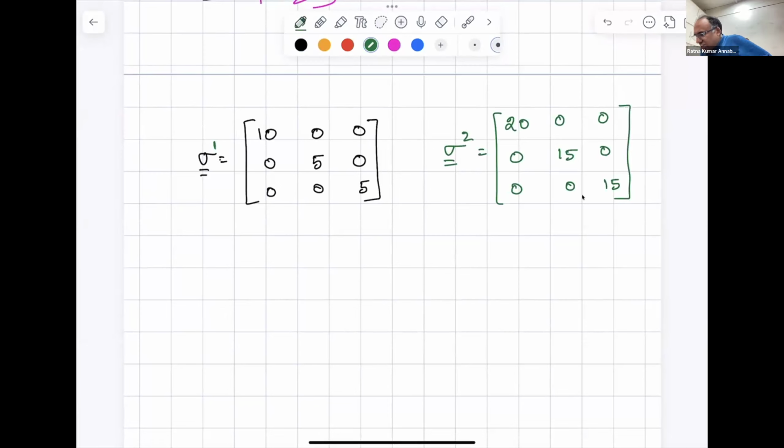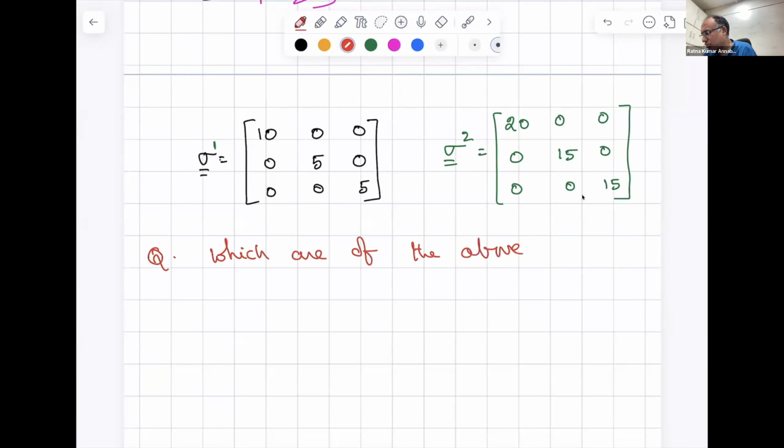Now looking at these stress states, which one is closer to yielding? The question is the following: which one of the above stress states is close to yielding?